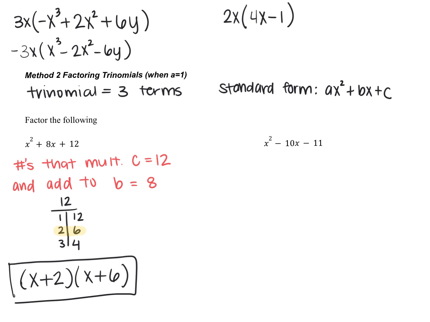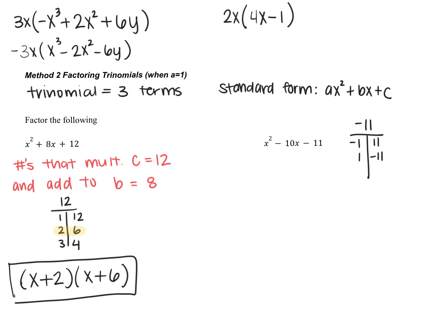So our second example, I have x squared minus 10x minus 11. I'm looking for numbers that multiply to negative 11, but add to negative 10. The only way to multiply to a negative is to have one positive number and one negative number. So I can have negative 1 and 11, but I also could have 1 and negative 11.